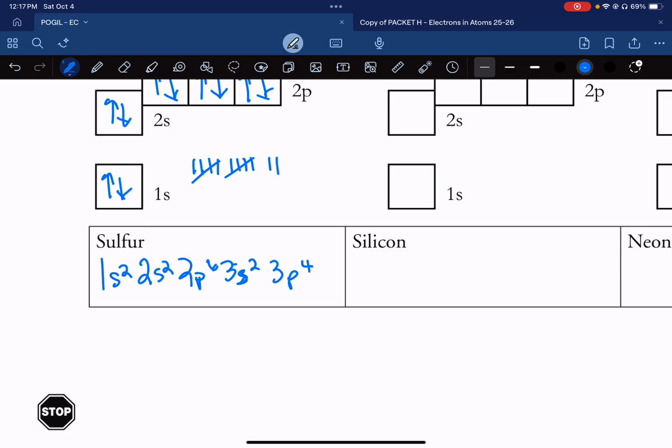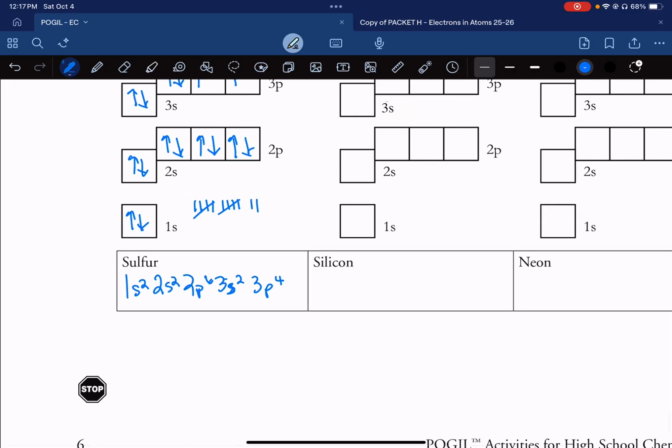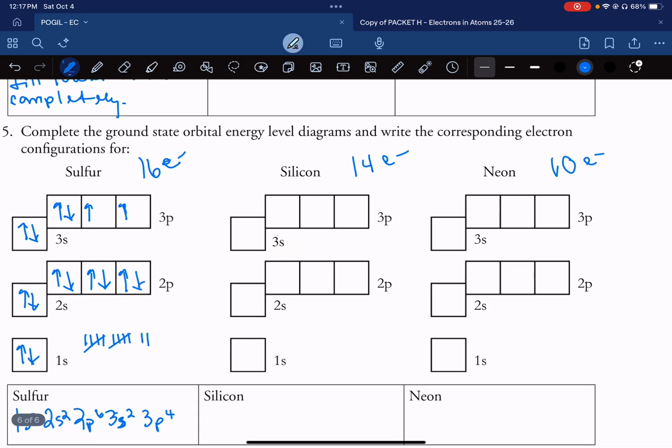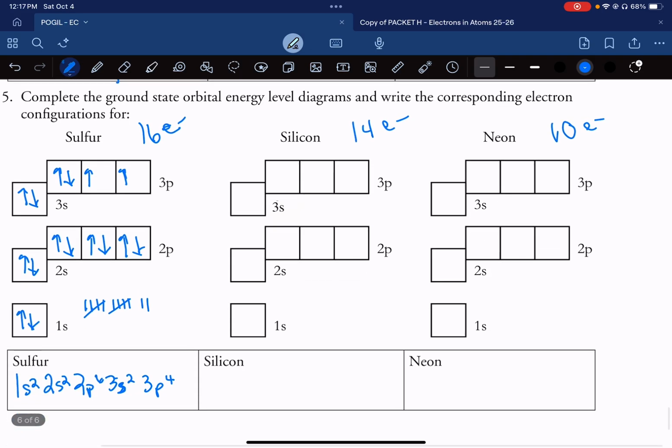It says what characteristics of electrons are not well represented by the boarding house model. Let's think about that for a minute.